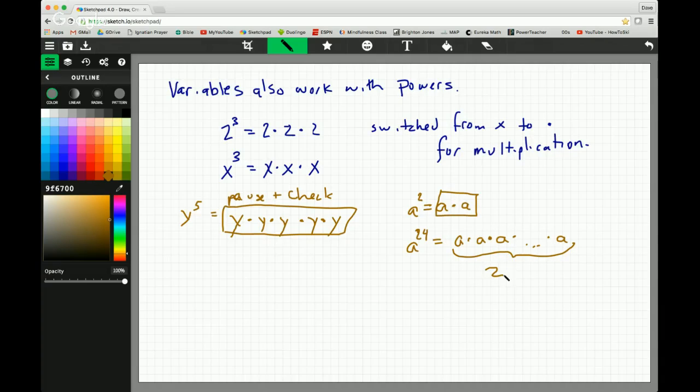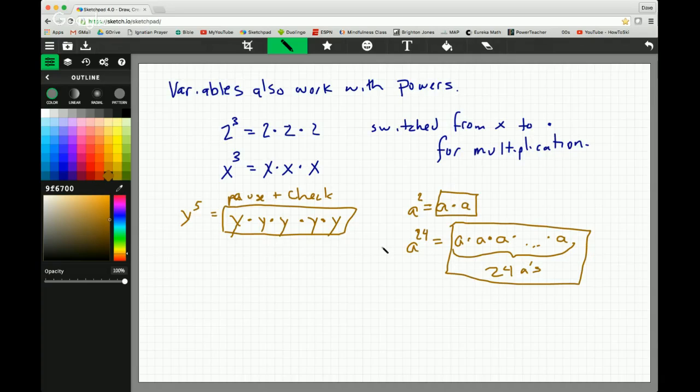And we can say down here 24 a's. So that's a way where we can write an answer without having to write 24 a's, but we can make it clear that 24 a's is what you'd be multiplying if you wanted to say a to the 24th.